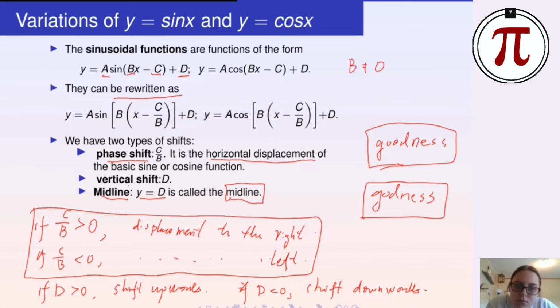If C over B is less than 0, it's a horizontal displacement to the left. If D is greater than 0, it shifts upwards. If D is less than 0, it shifts downwards.